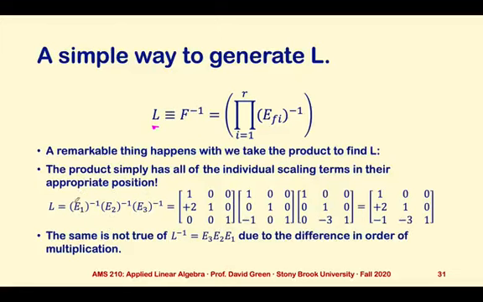But when we write them down left to right, they appear in order 1, 2, 3. So our inverse of our first matrix, inverse of our second, inverse of our third.